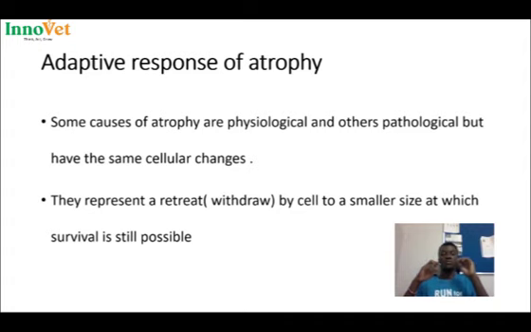The adaptive response of cells is that they will represent a withdrawal to a smaller size at which survival is still possible. If these cells have started shrinking to a level that they cannot perform their normal function, they will go to a smaller size and start performing at that size for them to function.